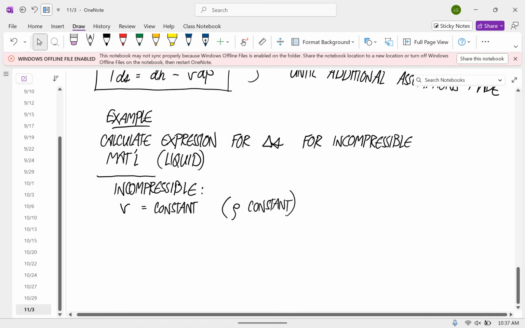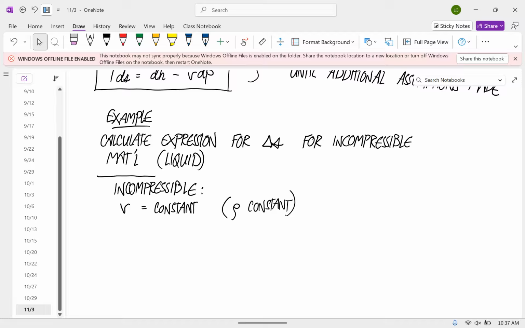What else do we know about incompressible materials? Was it u of T? That's right. So specific internal energy is only a function of temperature. And then because of that, there's something we know about the specific heats. Remember what that is?